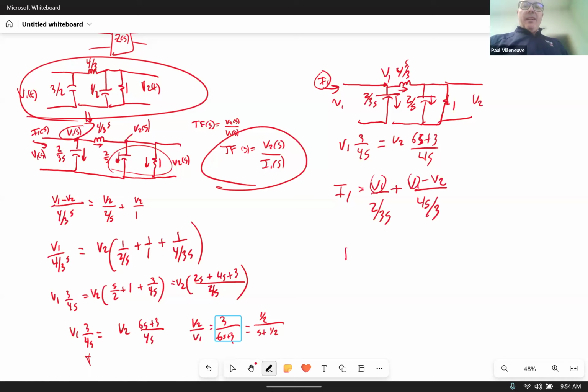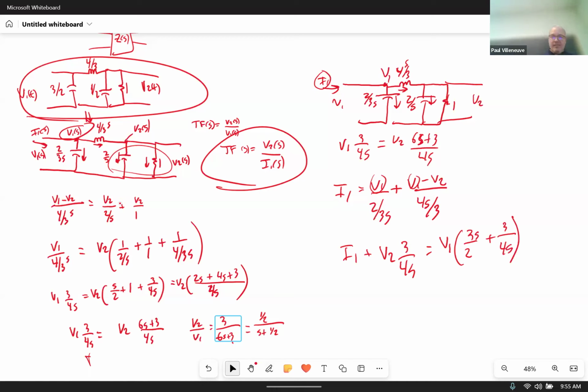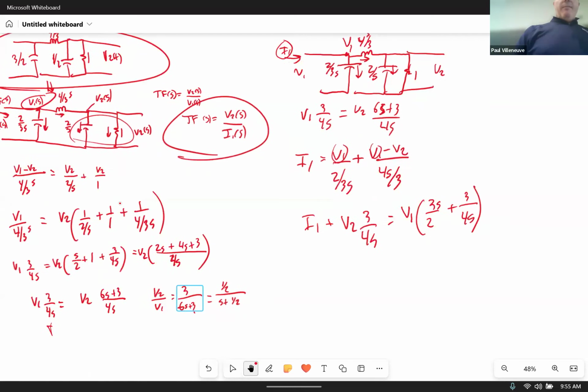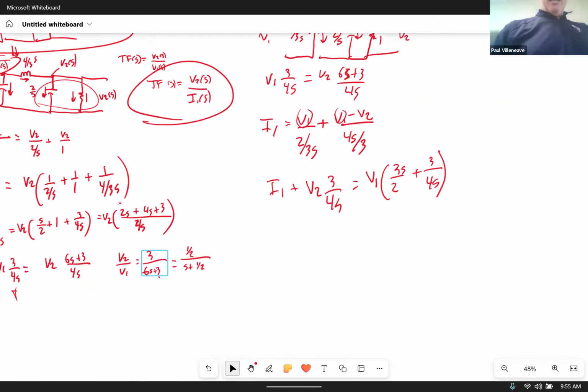So we have I1 plus V2 times 3 over 4S is going to be equal to V1 times 3 over 2S plus 3 over 4S. Anybody confused as to how I got that? Now I'm going to drag I1 to the other side.